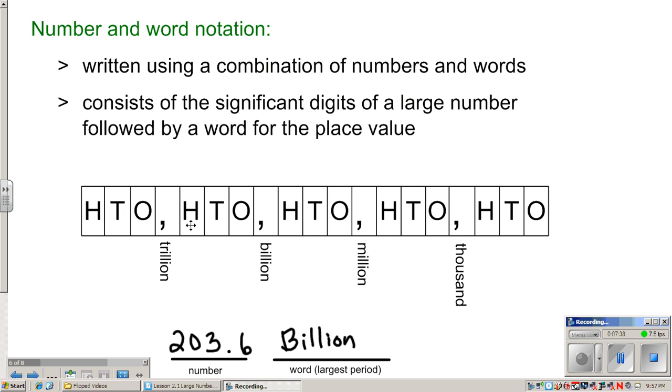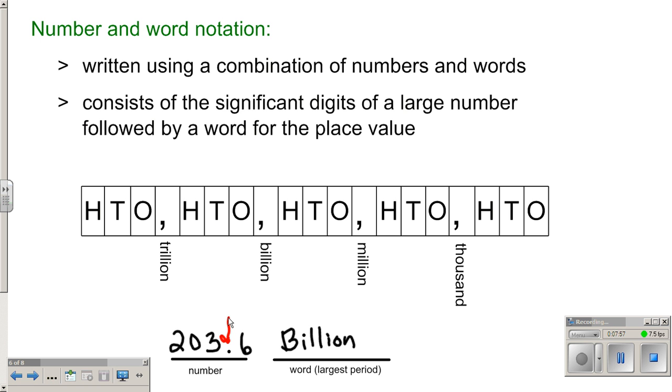You can also convert from number and word notation back to standard notation. With that, you want to pay attention to the place value they have here, and they have it at billions. You should also notice that we have a decimal, and that decimal is going to tell us where our comma is going to go, with billions being on the left-hand side.